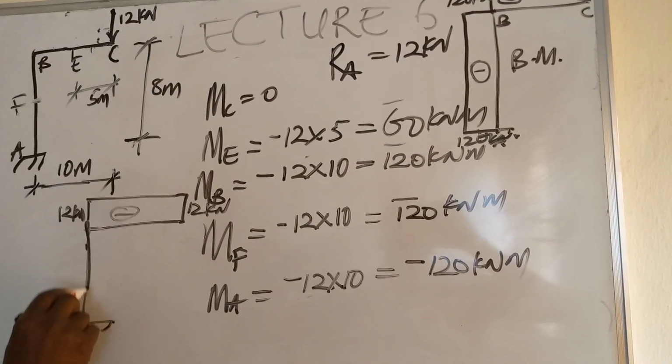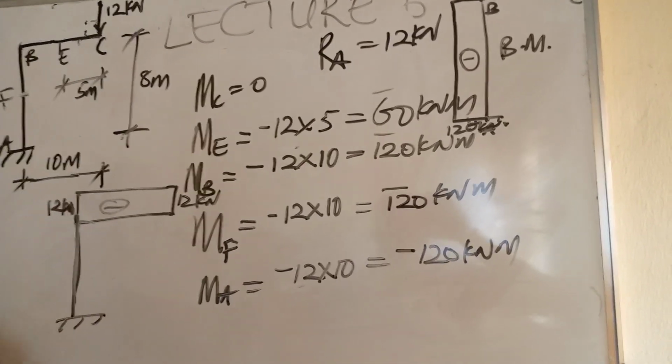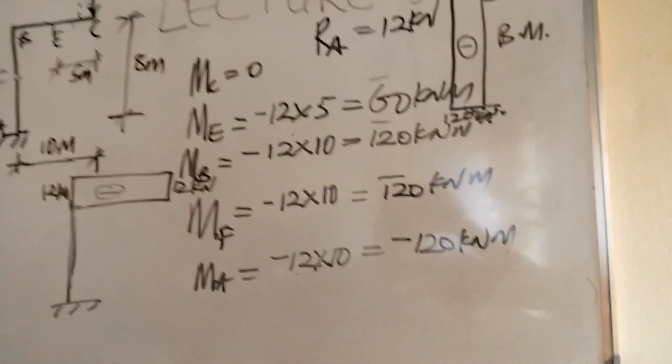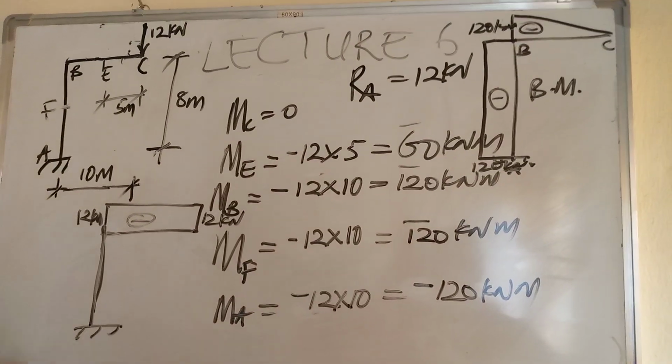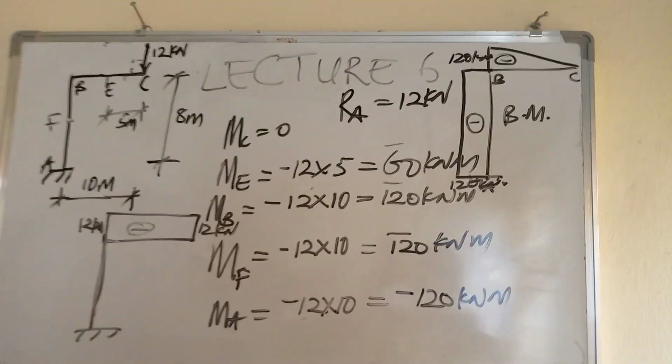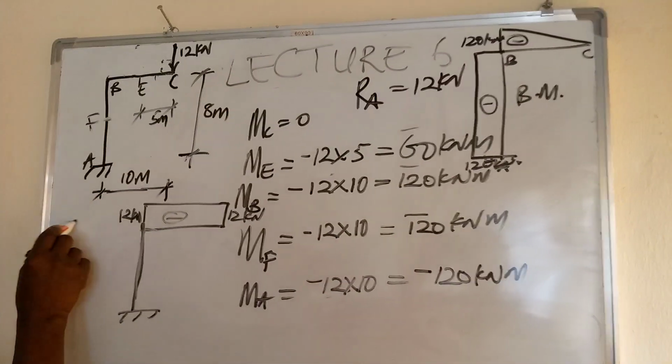That's the diagram. The shear force didn't change because the force was not changing, unlike the UDL, which was varying because of distance.